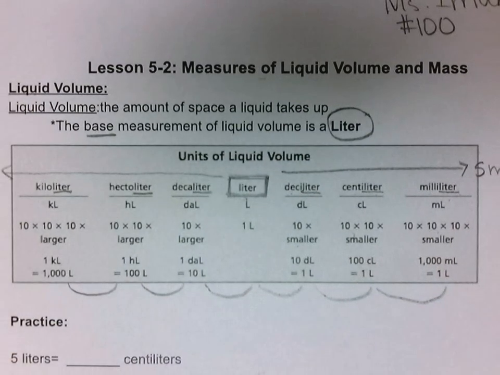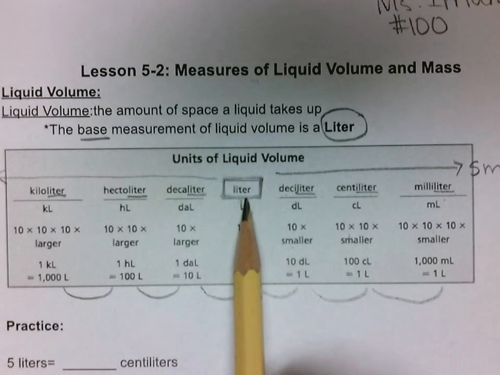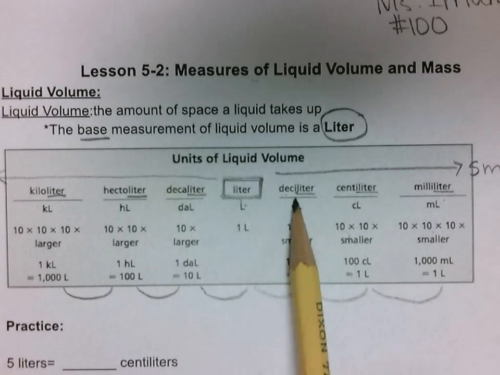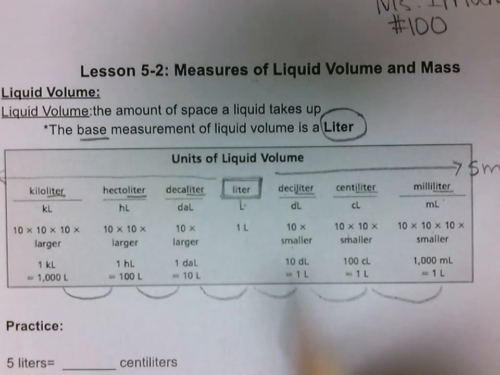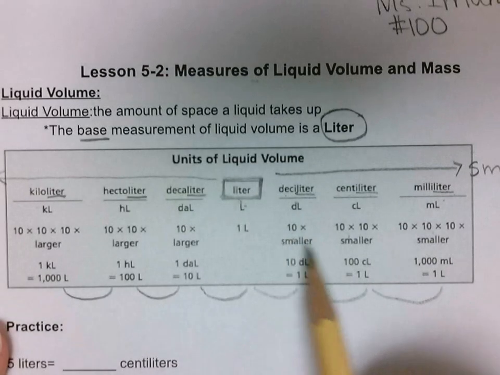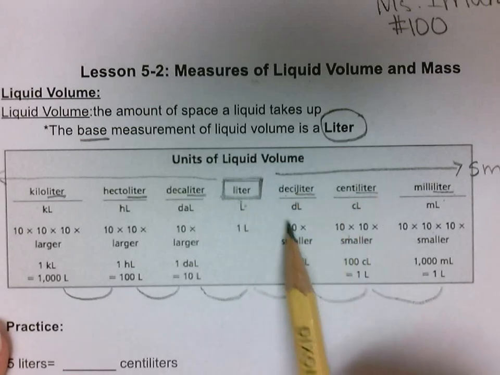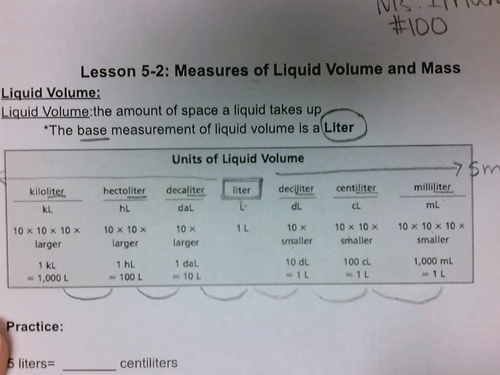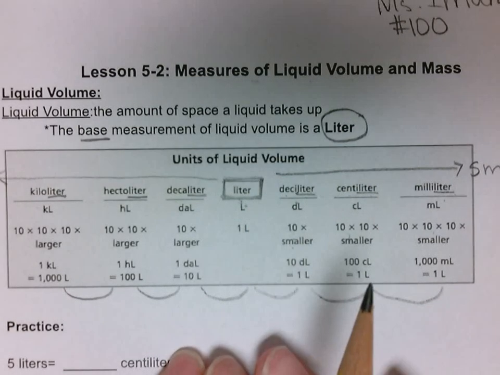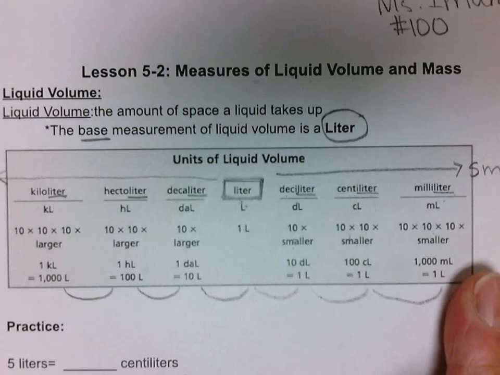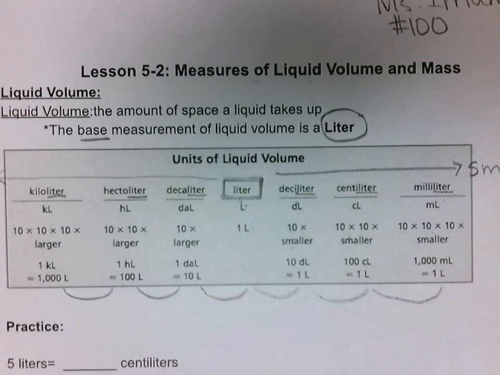So for example, if we start at liters and move one to the left, this is 10 times bigger. And then if we move one more to the left, it's another 10 times. So we have groups of 10 when we think about the relationship between each place value. So always think groups of 10 when we're thinking about how they're related to one another.